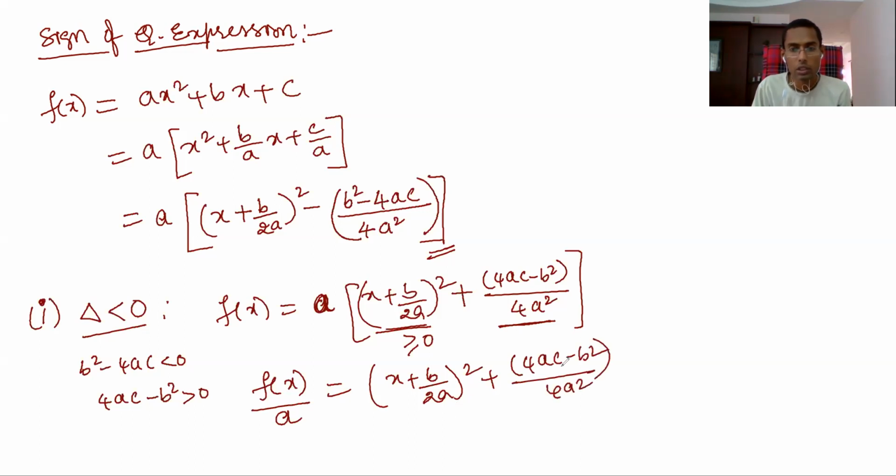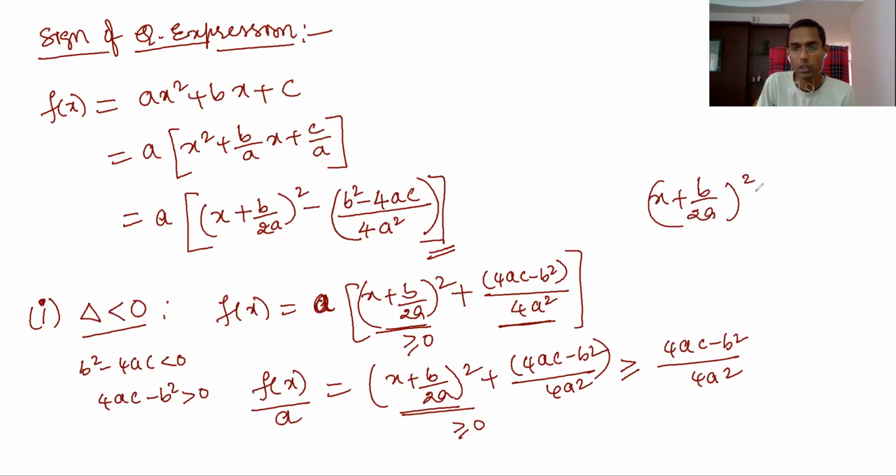This is always greater than or equal to 4ac minus b square by 4a square, which is greater than 0. Because x plus b by 2a whole square is always greater than or equal to 0, since a square is always positive or 0. I added this term on both sides, and that means f of x by a is always greater than or equal to this.